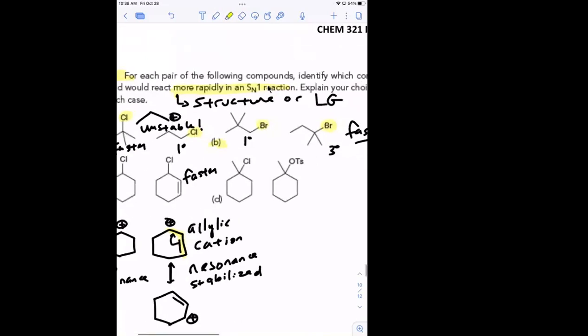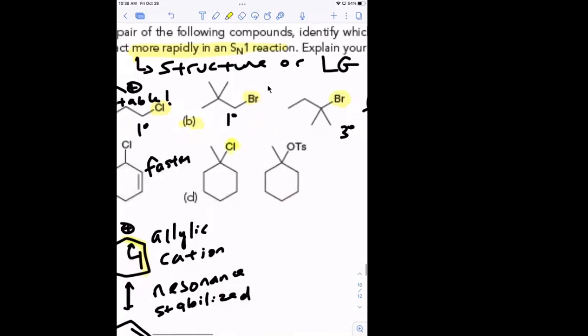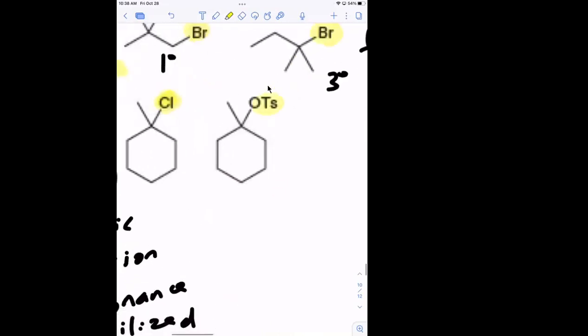The leaving groups. So we need to look up the pKa for HCl, and then we need to look up the pKa for tosic acid. So let's go back to the chart. So we're going to put that here. Write this down that we're comparing leaving groups, because the structures are identical.